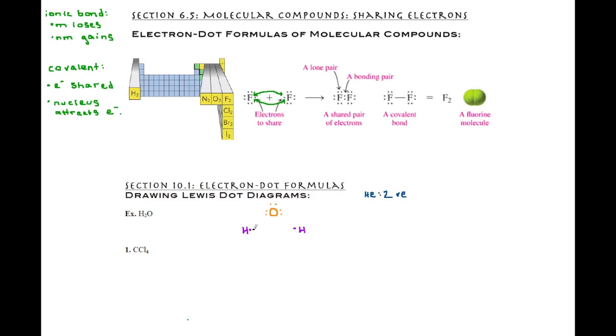Hydrogen will share this 1 electron with oxygen, oxygen will share 1 with hydrogen, and so what results is the following. There is oxygen with 2 electrons being shared between this hydrogen and that oxygen.